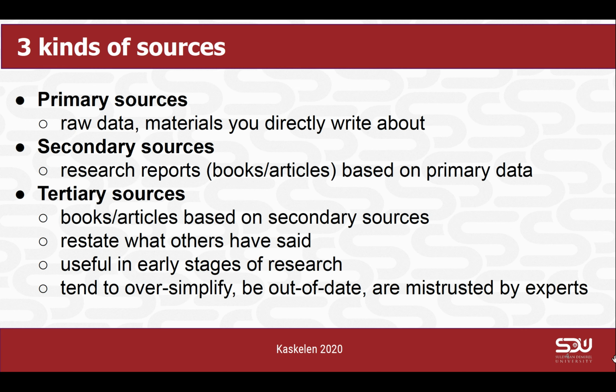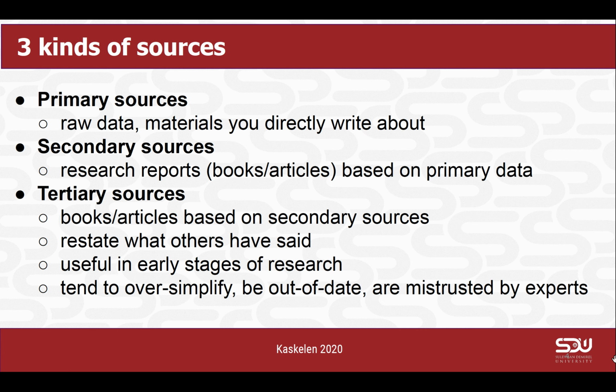And they might be useful in very early stages of research, when you don't have any idea about what you're studying and maybe you want to get a picture of what's going on in this topic. Maybe Wikipedia could be an example of a tertiary source, right?